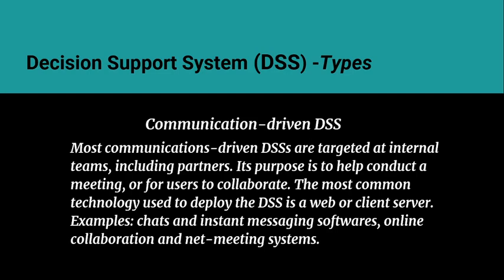The most common technology used to deploy this system is web or client-server. Examples of this type of DSS include chat and instant messaging software, online collaboration, and net meeting systems.